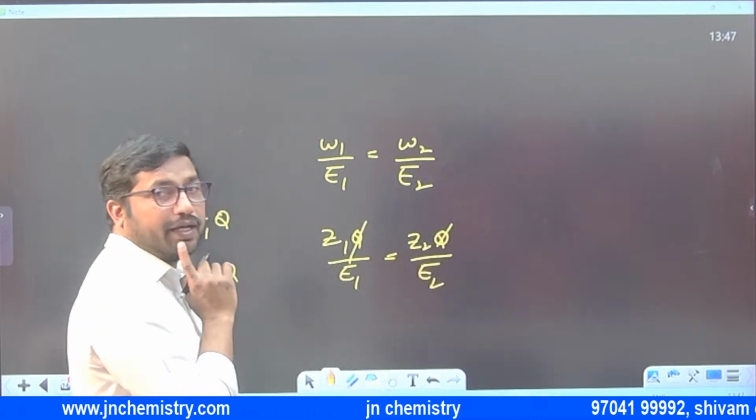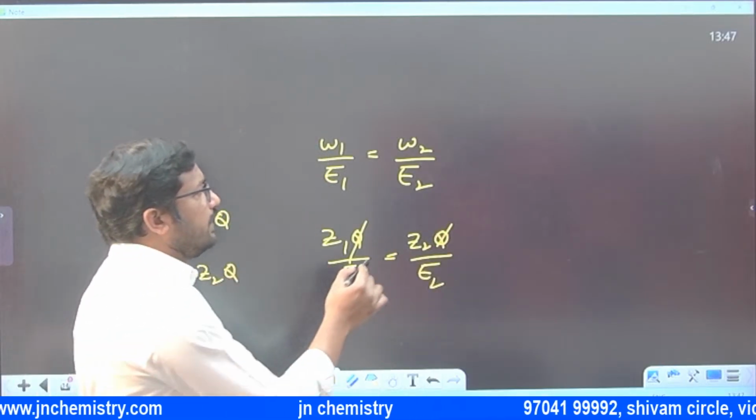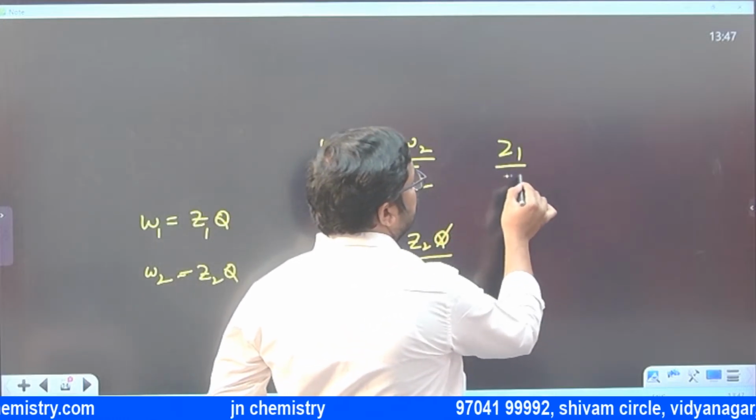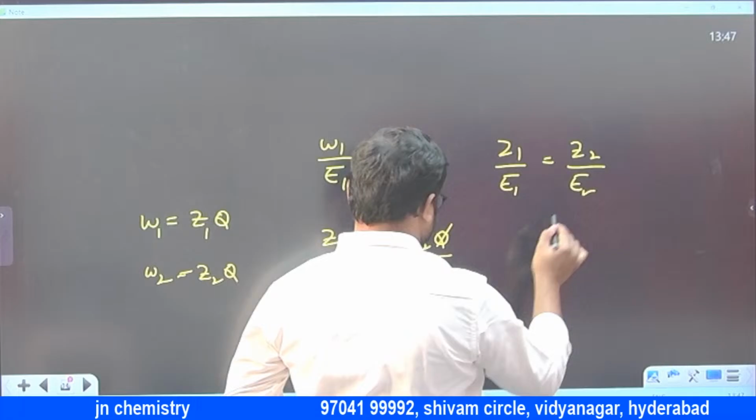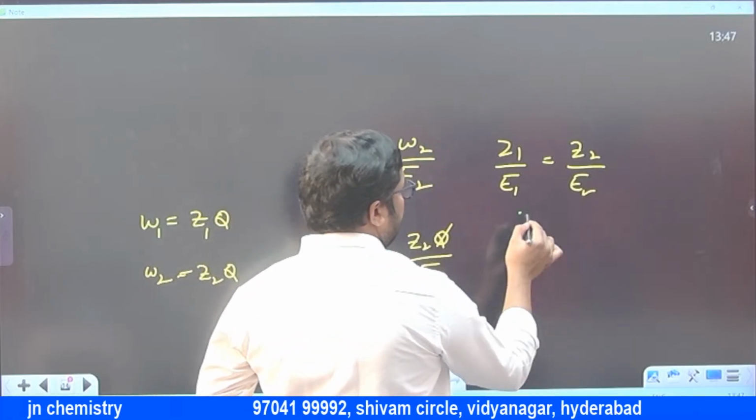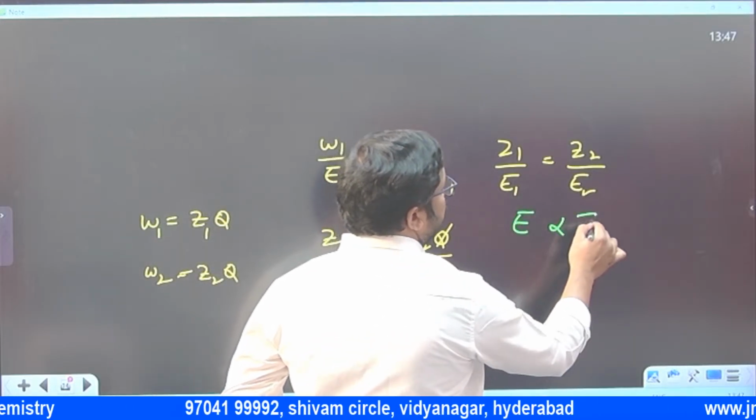Q cancels because we are passing the same current. So Z1 by E1 is equal to Z2 by E2. From this, E is directly proportional to Z.